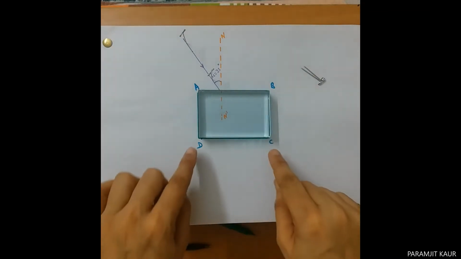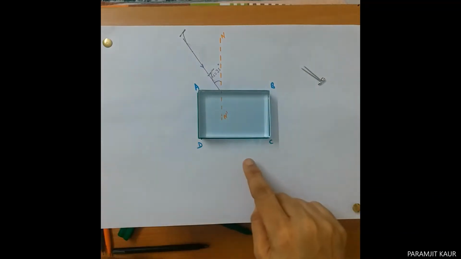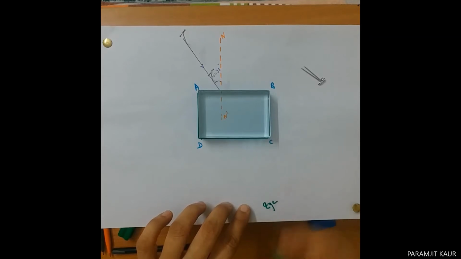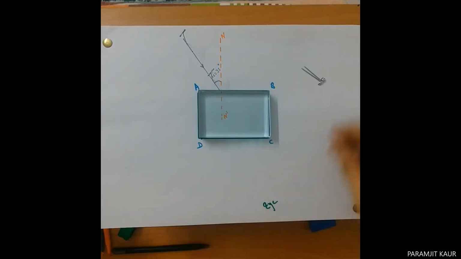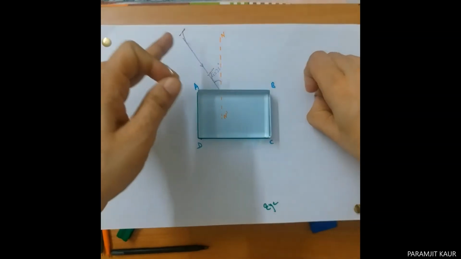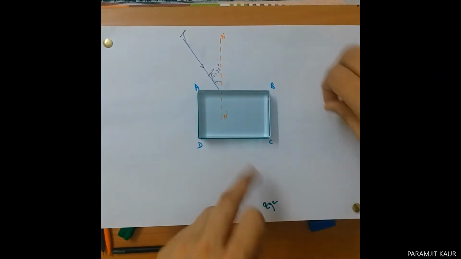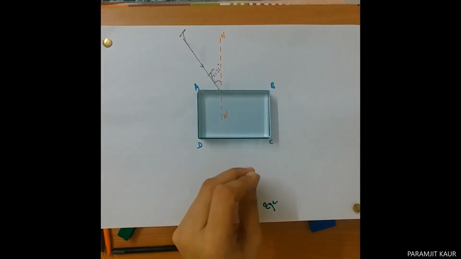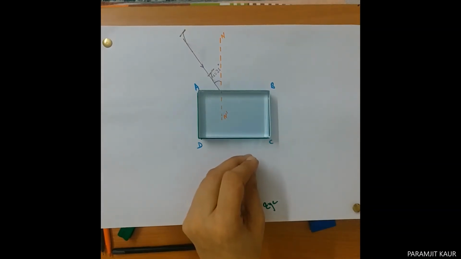So I will look through the interface CD. Now when I look through the interface CD, my eye should be somewhere here, right? So when I look through the interface CD, I'll put the two pins in line with the first two. When I look through the interface CD, I'll see the image of the first two pins.